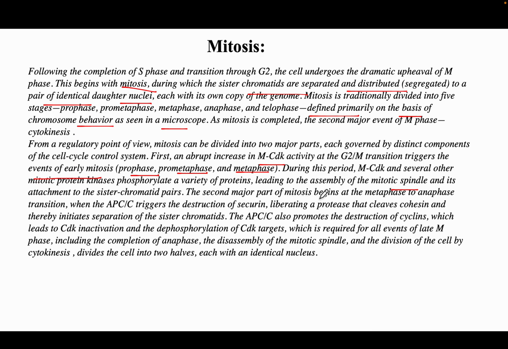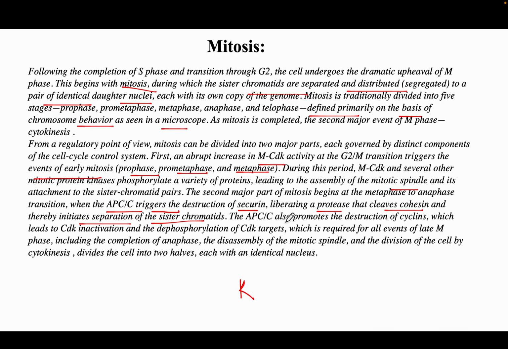The second major part of mitosis begins with destruction of securin, liberating a protease that cleaves cohesin and thereby initiates separation of sister chromatids. So there is another major part, what happens during the metaphase to anaphase transition. In metaphase, sister chromatids are attached to each other. We have to dissolve this bond and make the chromatids free so that they can go to 2 different poles in the cell.